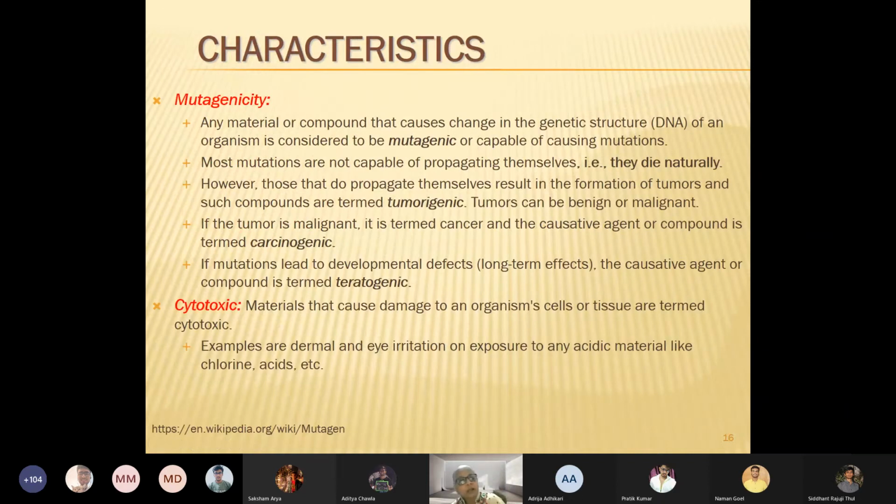Let us take a look at some other words that we use to define hazardous.